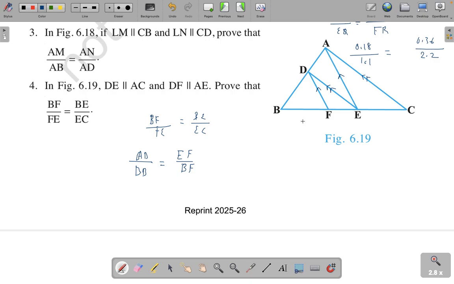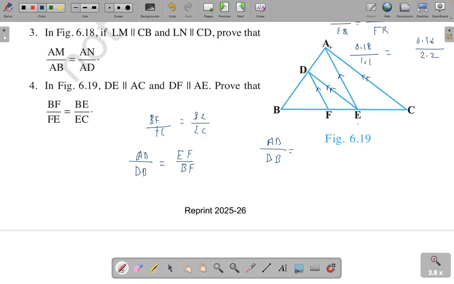And in this second triangle, you know ED is parallel to AC, right? So you can write AD upon DB should be equal to what? The bigger triangle, right?